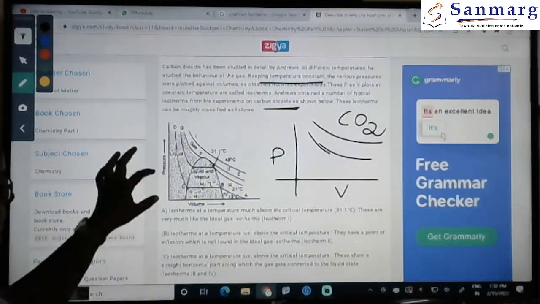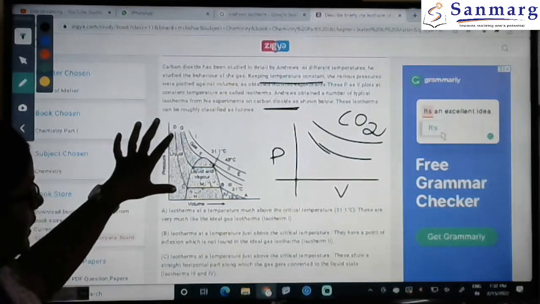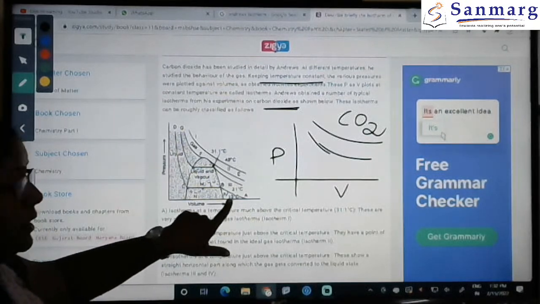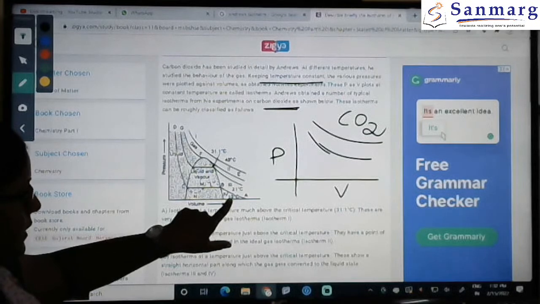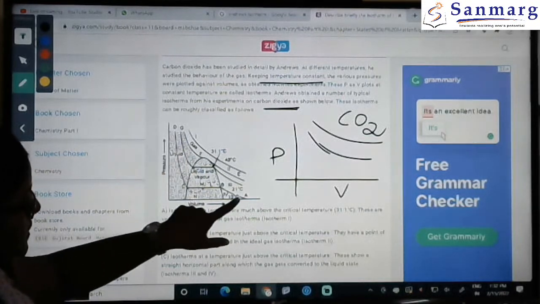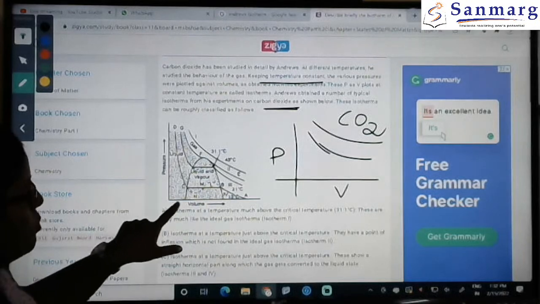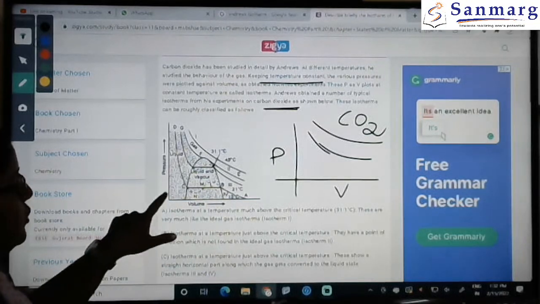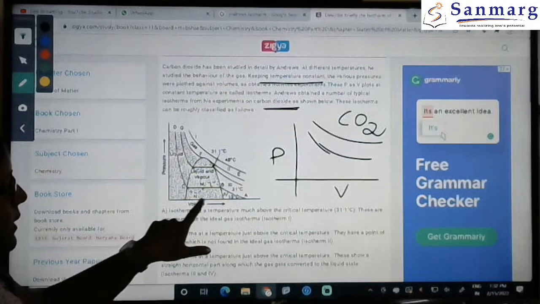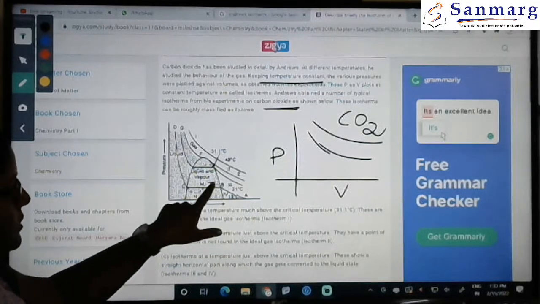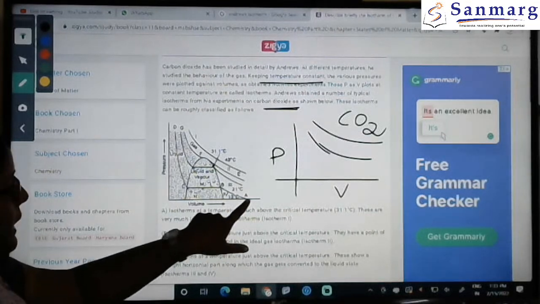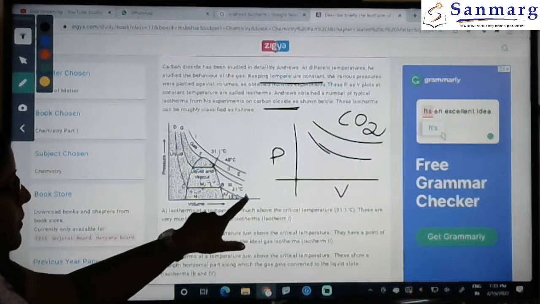okay, see here, different temperatures are taken. First 13 degrees Celsius, right? Here volume is increasing, pressure is low. When pressure is low and volume is high, you get this curve. You get AB.